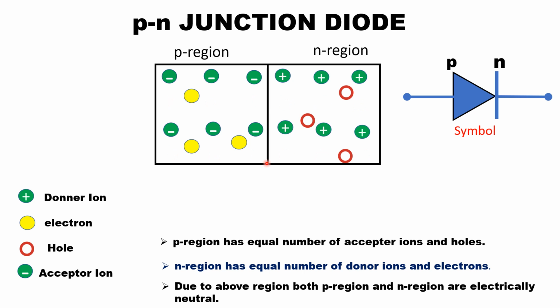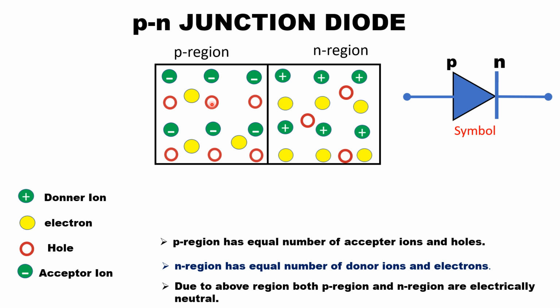Here you can see in the P region, because of the trivalent impurity, the number of holes is more than electrons. So in this region, the majority charge carriers are holes and the minority charge carriers are electrons. In this region, acceptor ions are equal to the number of holes.